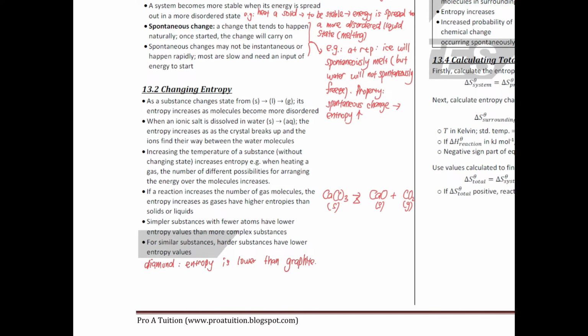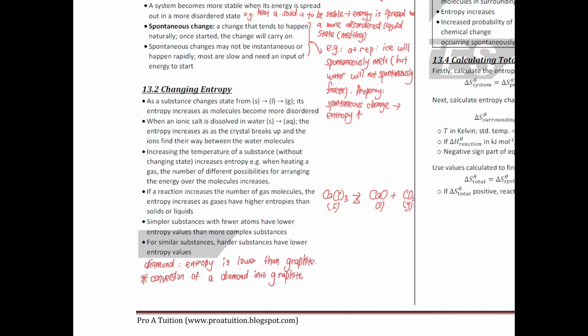That is not as ordered as diamond. So that's why graphite has higher entropy. Okay, so another fact over here: conversion of a diamond into graphite.